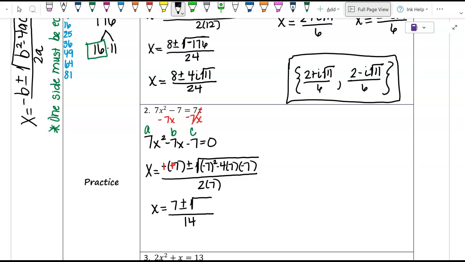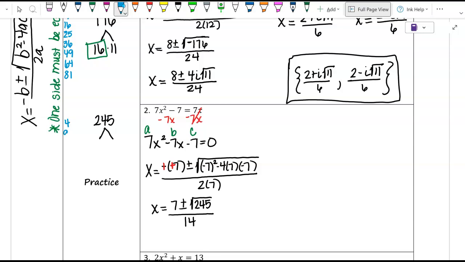What number goes under that radical? 245. Make sure you're putting that negative 7 in parentheses. So there's no negative in there, so I'm not going to have an imaginary solution. So now I'm looking at, do I have any perfect squares in the factors of 245?